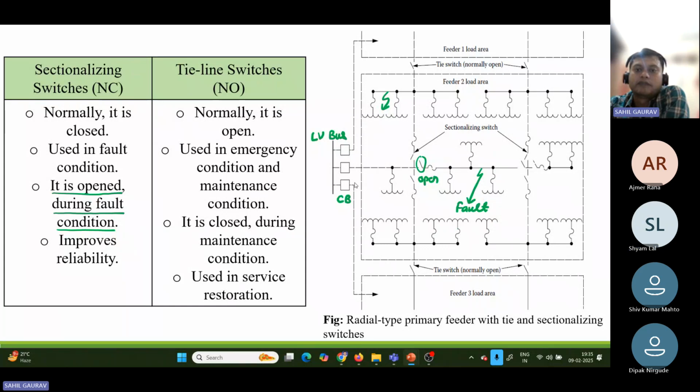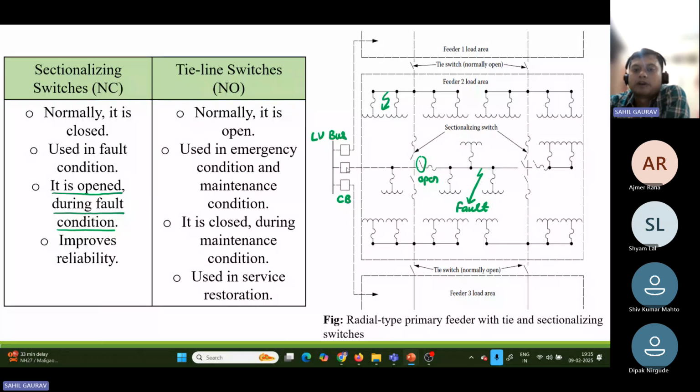Suppose there is a fault in this feeder two load area. How can you supply power to these loads of feeder two? By using these tie line switches. Suppose there is some problem and you are maintaining the circuit breaker for this feeder two.